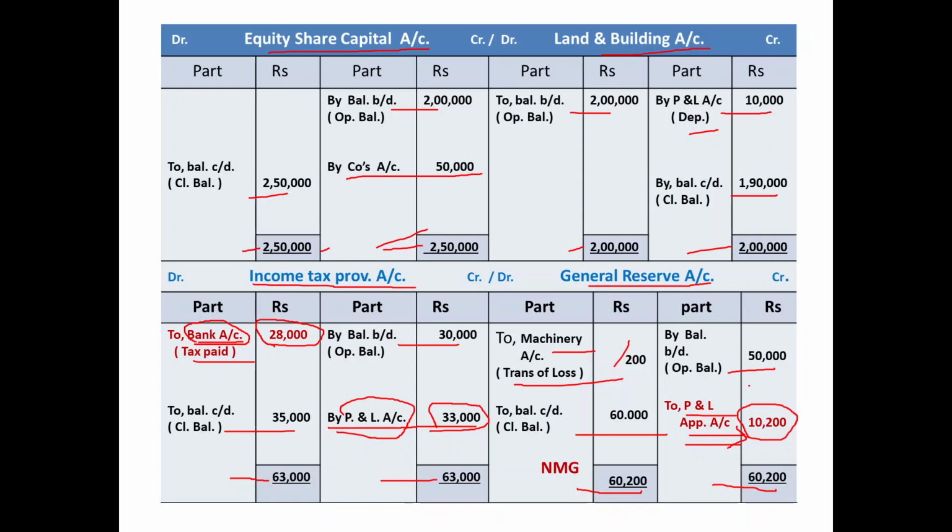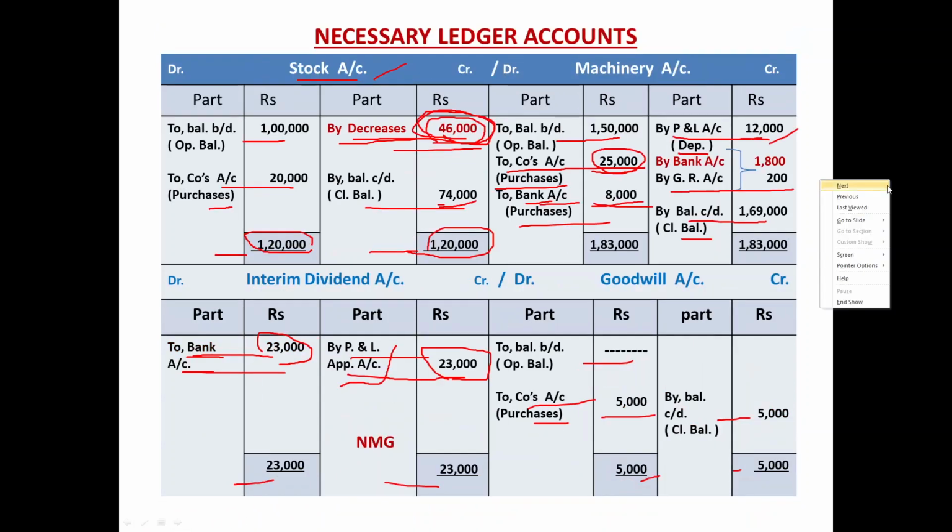What would be the cash flow impact? Before we do that, let us verify the machinery account and find out the selling price of the machine which has been sold. So after this 200 which has been written off to the GR account, what is the position of this machinery account?